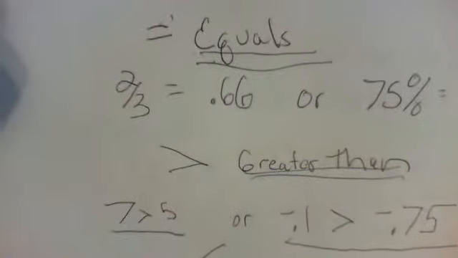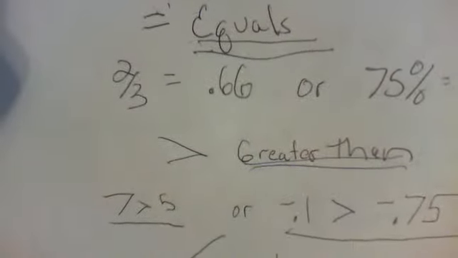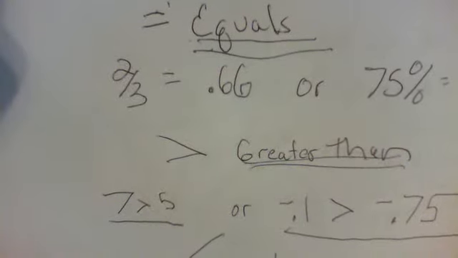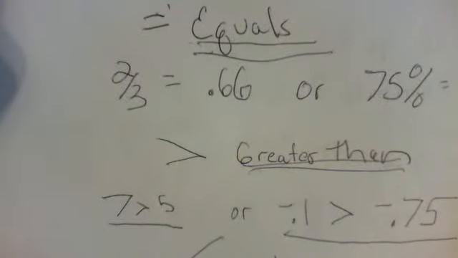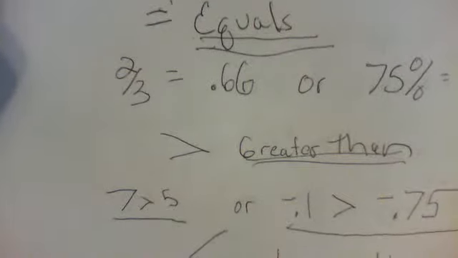We also need to know the concepts of equals. In other words, 2/3 equals 0.66. Why? Because if you divide the 3 into the 2, it goes 0.6 and 0.6 all the way to infinity. It's 0.6666. These equal the same thing.